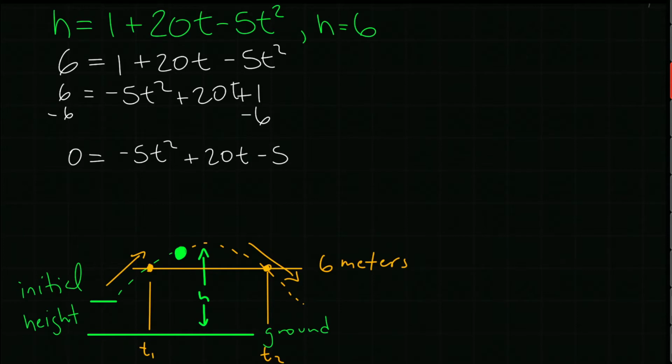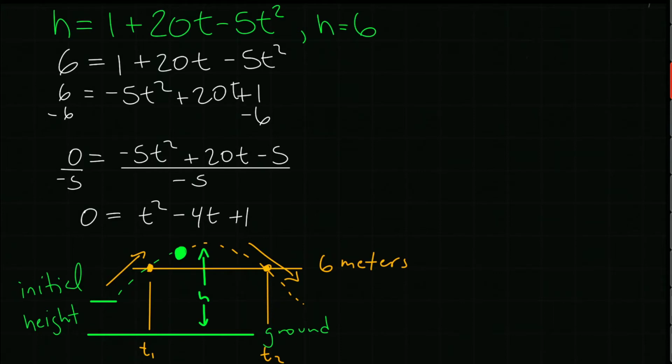So if I can divide everything on this side by negative 5, that would simplify this greatly, so I don't have to deal with bigger numbers. So when I divide both sides by negative 5, I'm going to end up with 0 is equal to t squared minus 4t, and then negative divided by negative is positive, so that becomes 1.